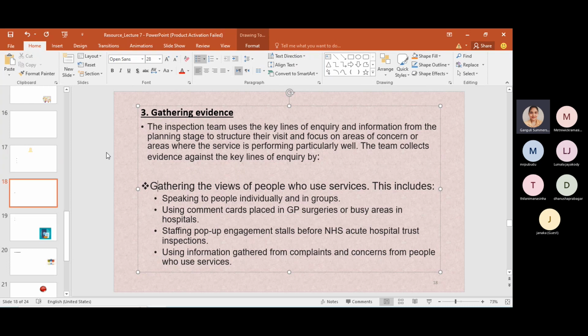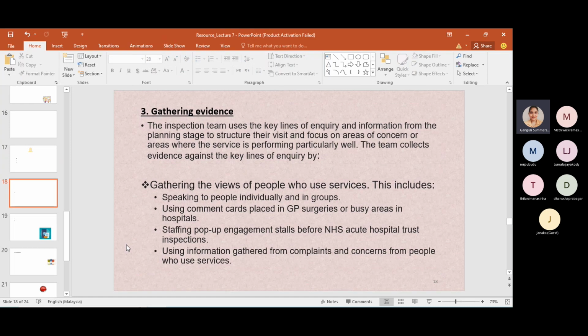This is how they gather evidence. The CQC inspection team will gather the views of people who use services. The inspection team will gather information from the people who use the services provided by the company, basically the service users. So how do they do that?